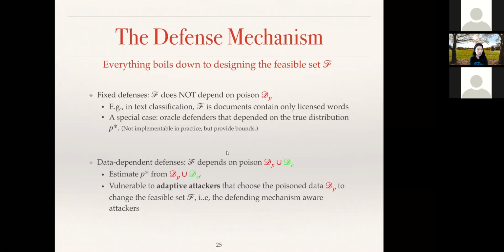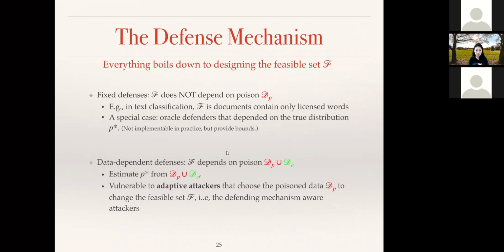In practice, you don't know what's DP and what's DC, so it's basically data independent. For example, in text classification, F is just that the document contains some kind of licensed words. So you've designed an F that is independent of the training documents you have. That's a very good example of the fixed defense.